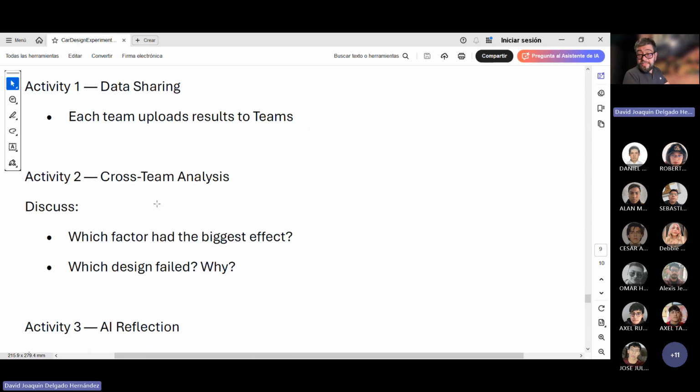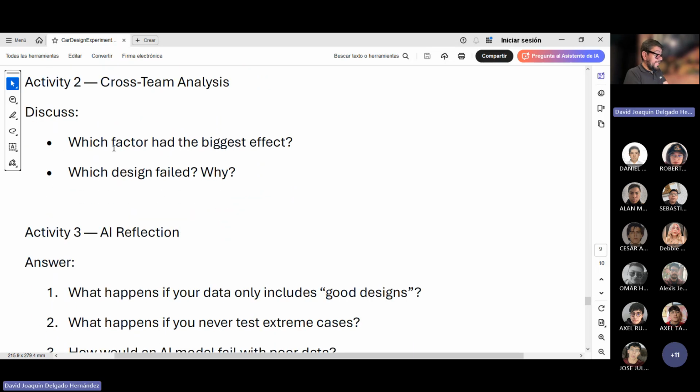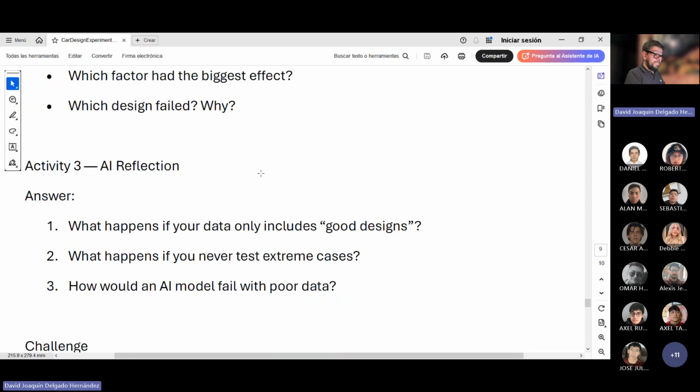And you are going to present the results of your experiments in the following class. And we are going to analyze which car performs better, which factor had the biggest effect, and which design failed and why, okay?